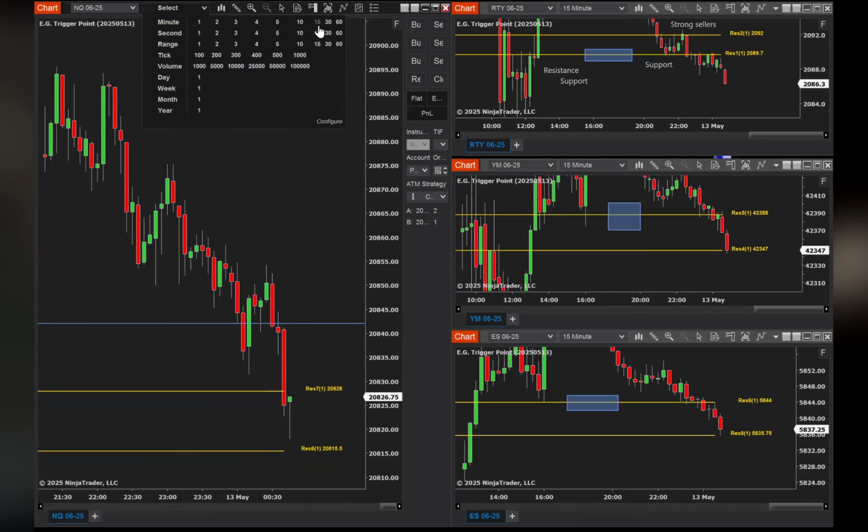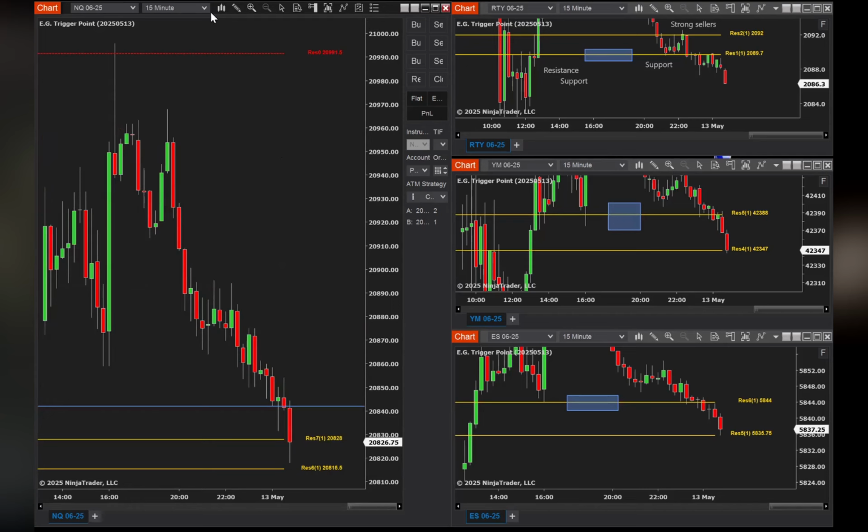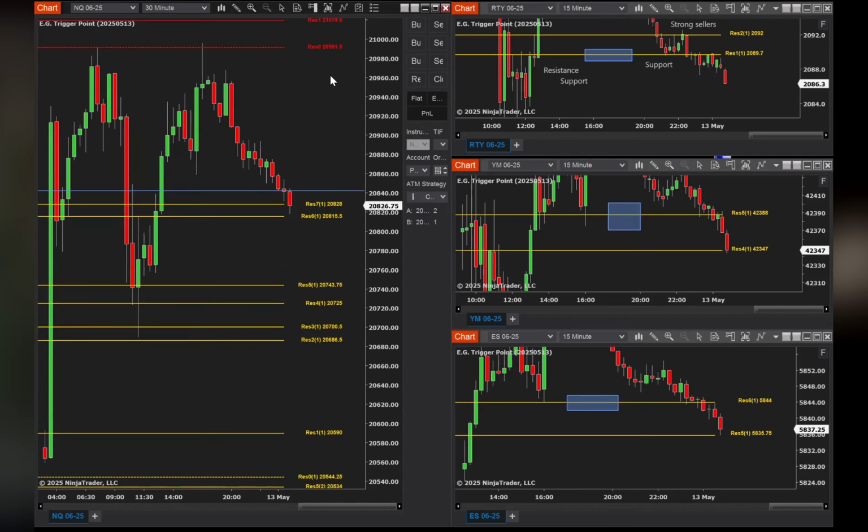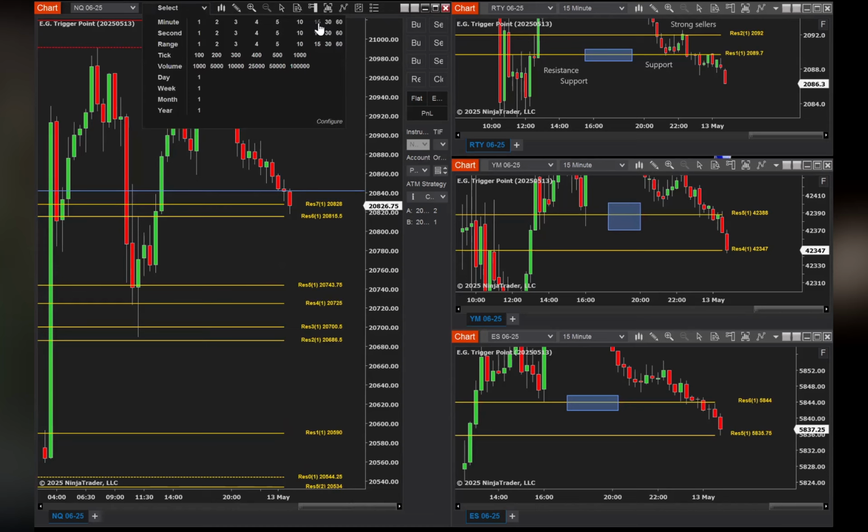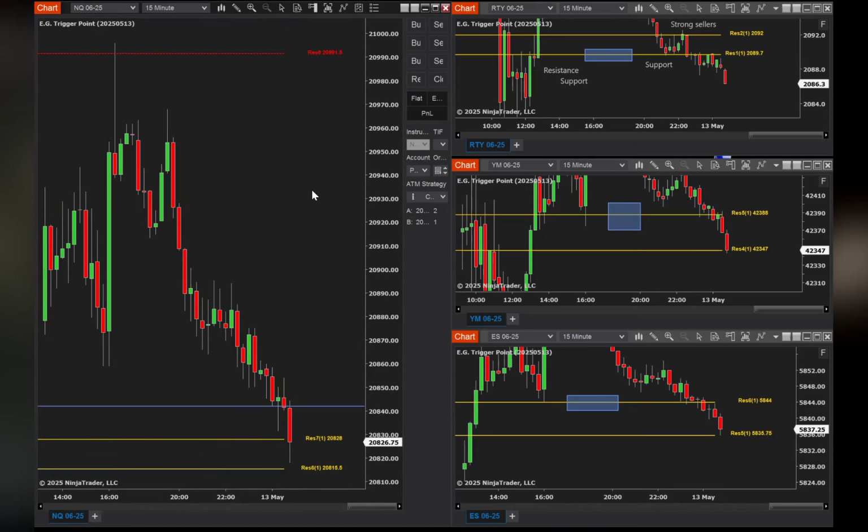You cannot see this small retest if you go to the 30-minute time frame, right? No retest. It just moved down and then it retested from below, not from above.